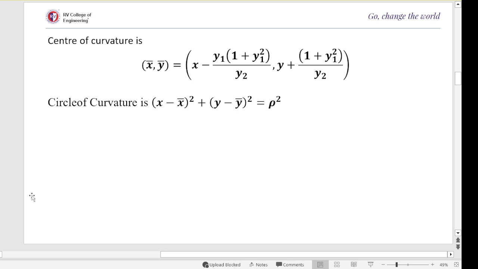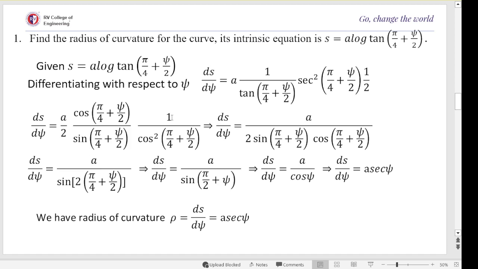Here is the first problem, that is to find the radius of curvature for the curve whose intrinsic equation is s equal to a log tan (pi by 4 plus psi by 2). Just analyze this problem. Here s is given in terms of psi. So to find the radius of curvature, differentiate this with respect to psi.